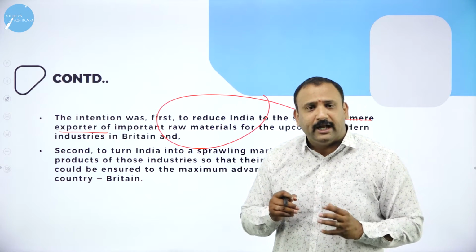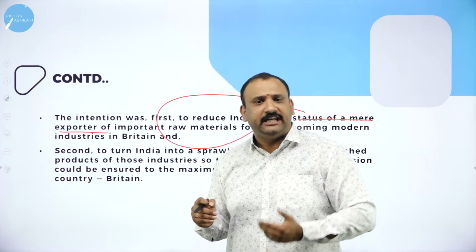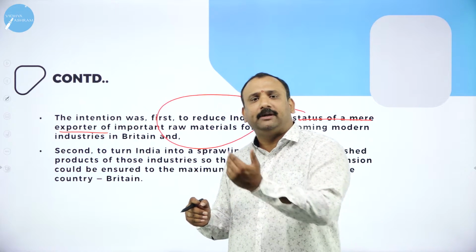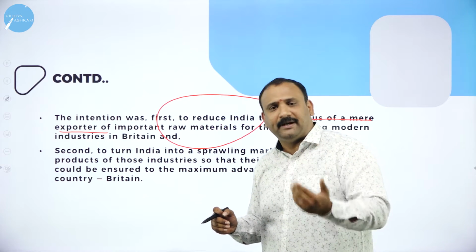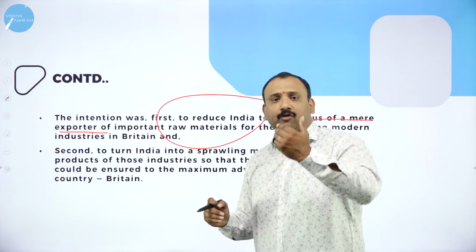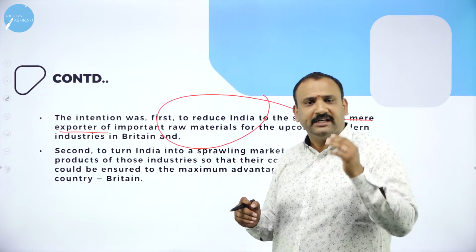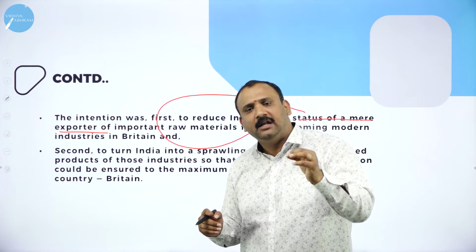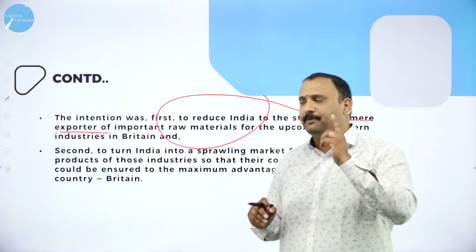So what will India do? Collect and give some raw materials. It might be iron, it might be steel, it might be zinc, it might be gold, it might be silver. Whatever materials and metals are coming, we are just going to export from the home ground, that is from India, and send them to the European countries. So India was just given the label tag of an exporter.